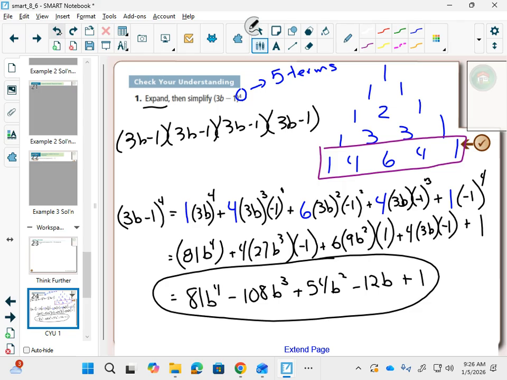Does it make sense analyzing the minus 1 that you're only going to get negatives when that minus 1 has an odd exponent? So there's going to be questions where they're going to say, hey, you don't have to expand it completely. Just tell me how many of those terms are going to be positive, how many are going to be negative. And we can see that from this pattern. Okay. Circle questions 3 and 4.